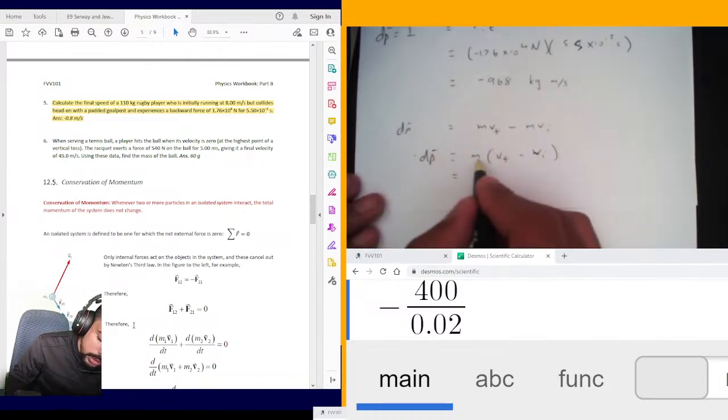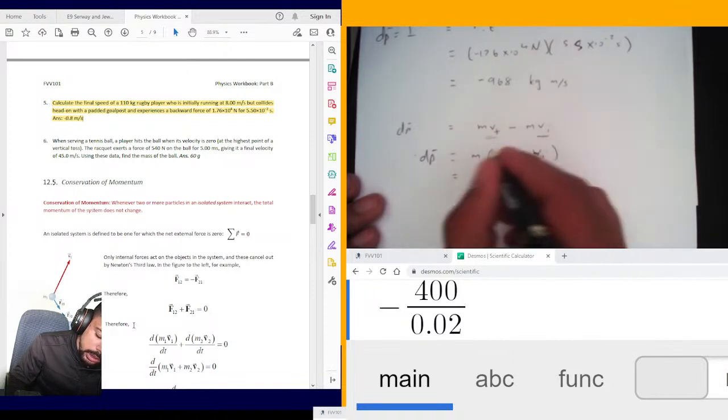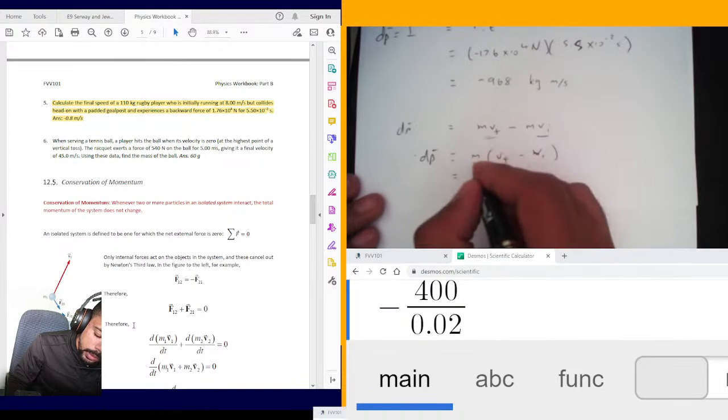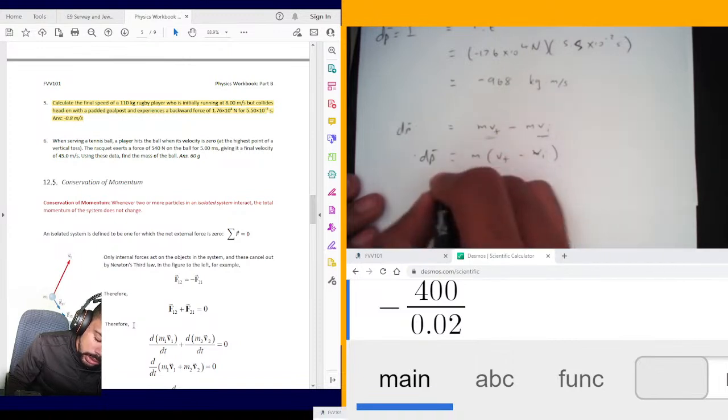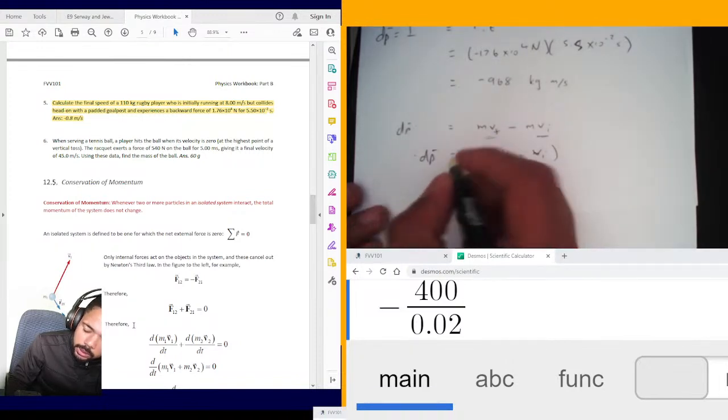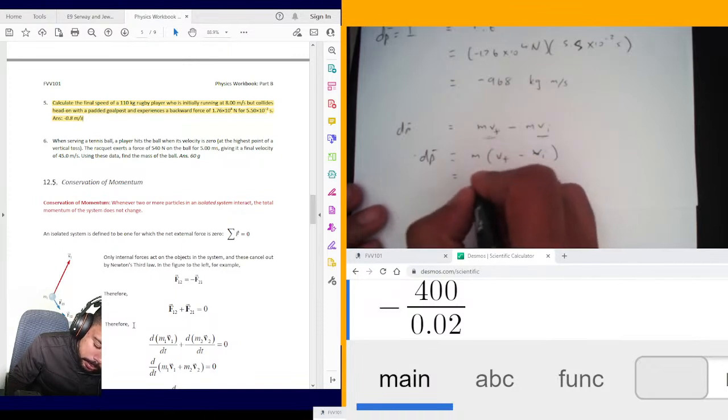We can take the mass out because mass is constant in this case. In rockets it doesn't work that way, the mass changes because it's burning up its fuel.